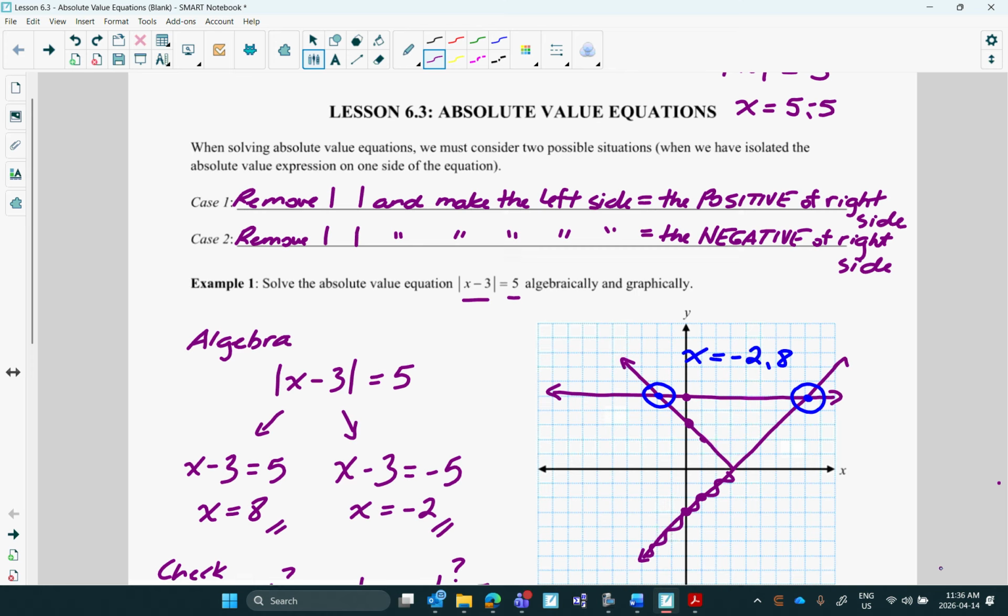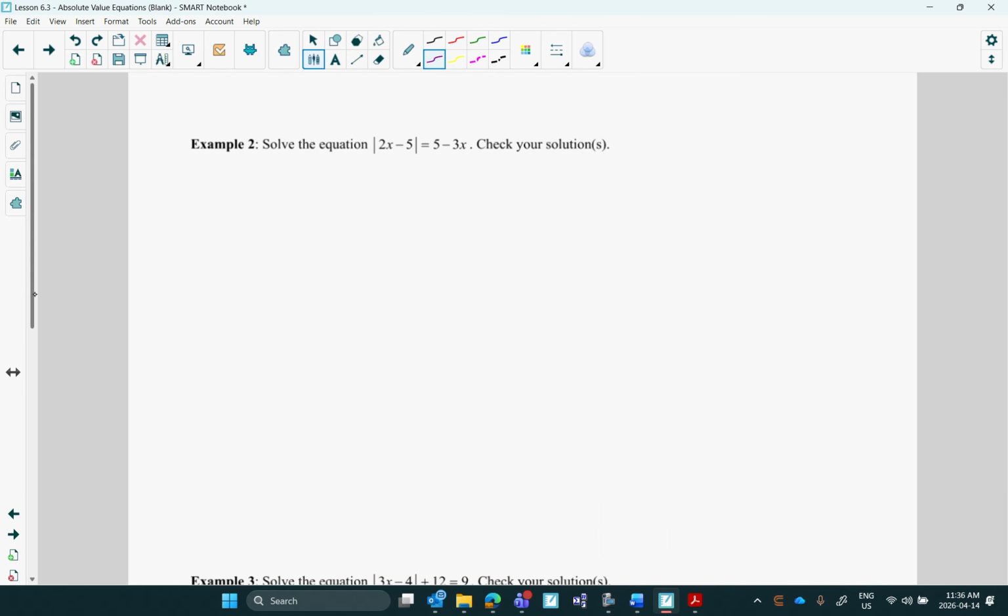So let's look at a few equations. Okay. We're asked to solve this. Actually, one other thing I should have mentioned, you've got to have the absolute value expression by itself before you start making your two equations, which this is.